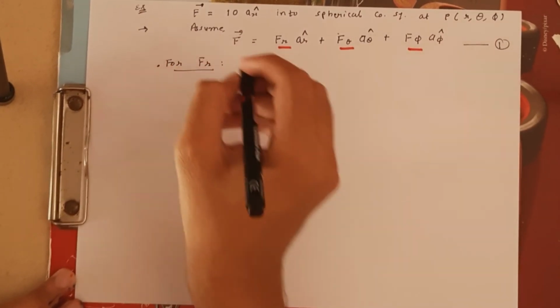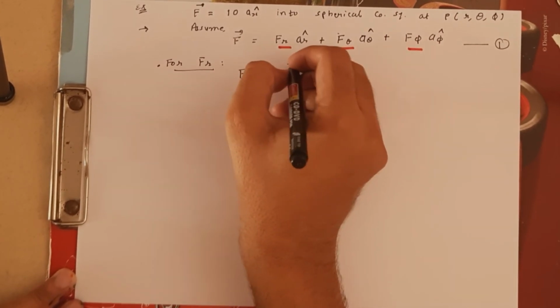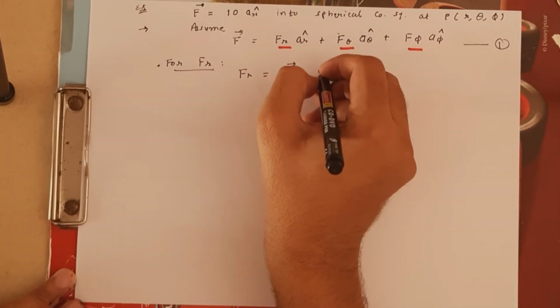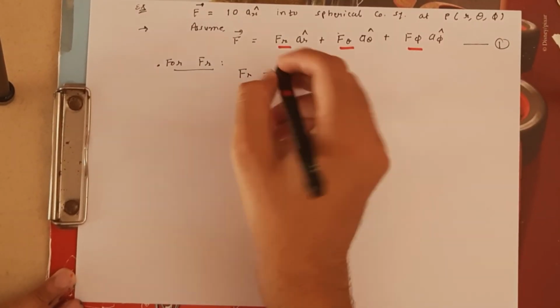So first we do the calculation for F_R. F_R is equal to F vector dot a_R unit vector.